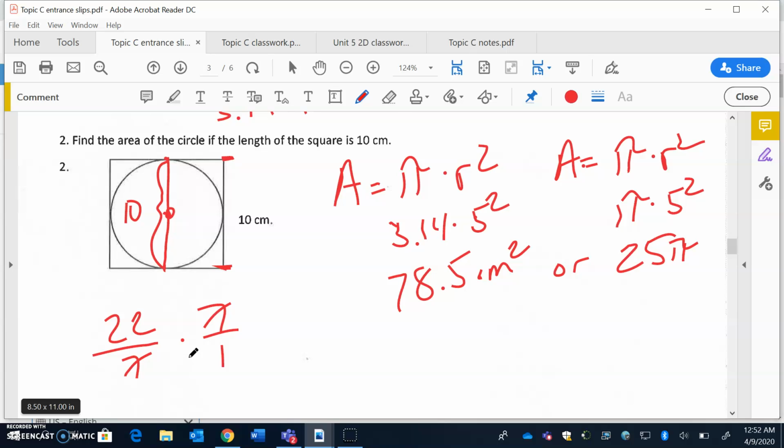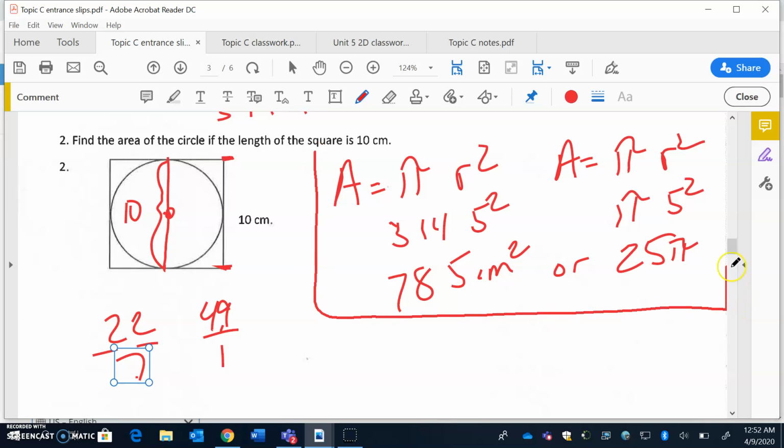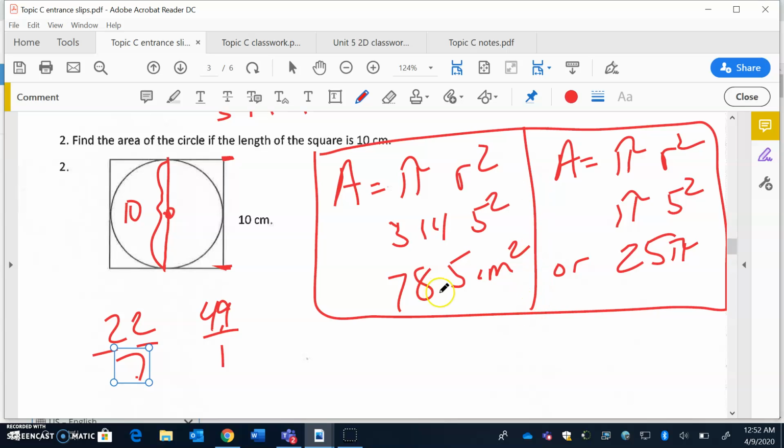If they ended up giving me someone else, like, oh, I don't know, how about 49? Again, I can divide them both by 7. I can do cross division. But I think these are your two main ones. And most students prefer using, lost my decimal, didn't I? Enjoy using 3.14 because it's just what they're more comfortable with.